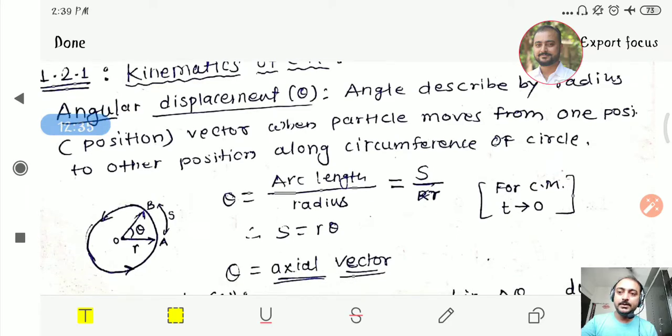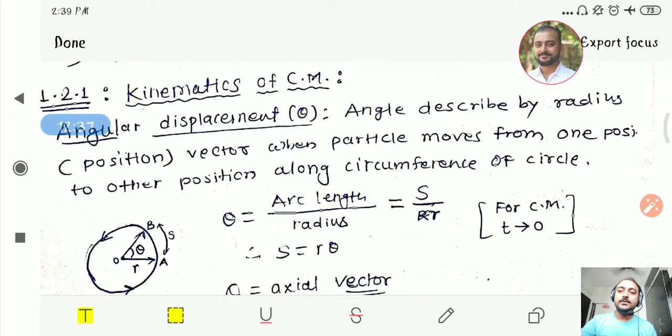Okay, so the next point is kinematics of circular motion. Again the word comes here, kinematics. We just studied kinematics. There are two sub branches, kinematics and dynamics, which are generated from kinetics. So we have to study the kinematics of circular motion.